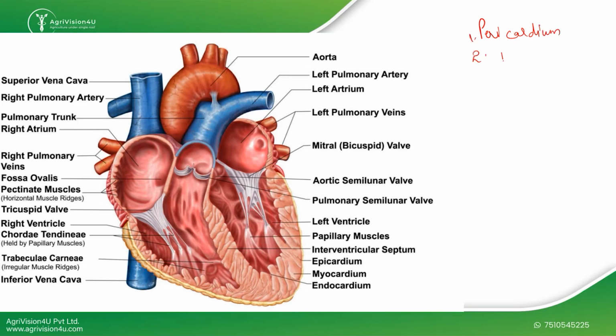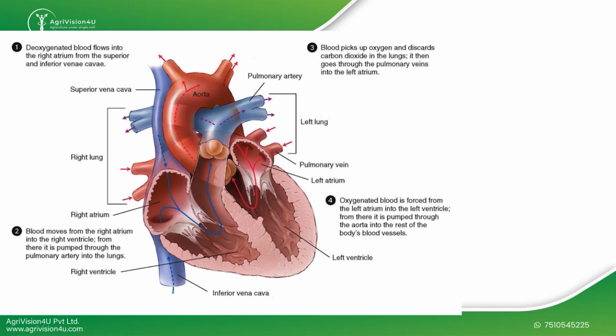Then you have the myocardium, the middle one, myo. And the final one is the inner endocardium, endo meaning inside. Its roles, its functions, and how exactly it is involved in circulation will be explained in detail very soon. It has already been explained, but once again we are going to do it, everything about the walls of the heart.